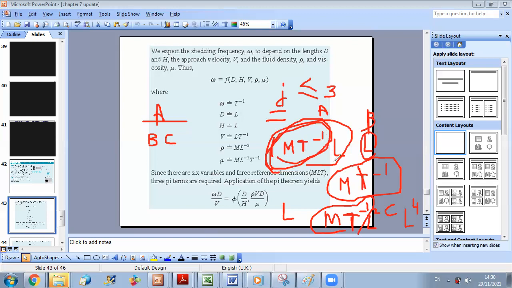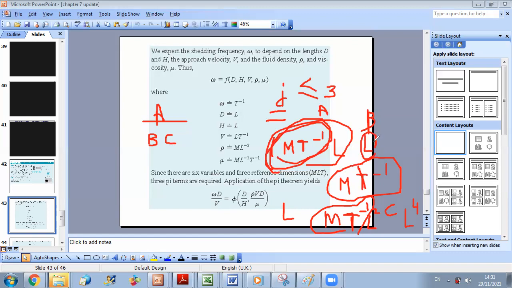you cannot take any 3 variables. For example, if you try L with L^4 it doesn't work, because they cancel each other, so you can form groups between them. Okay, if you try A, B, C also it doesn't work, because if you do A over B C they cancel out. So in this case you can only select two independent variables.